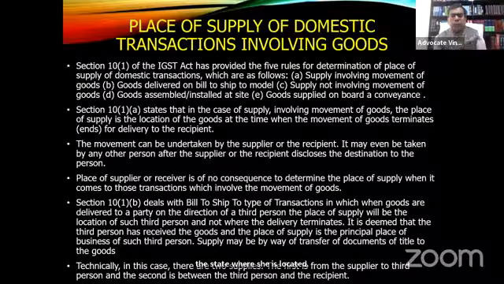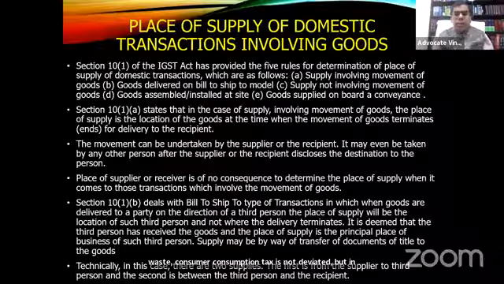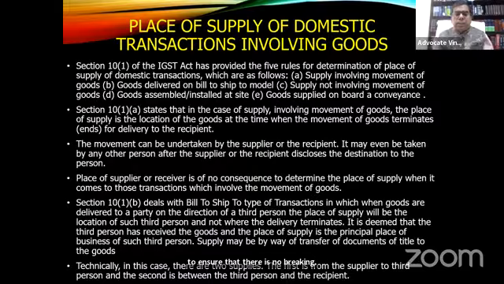So the principle of destination-based consumption tax is not deviated, but in order to ensure that there is no break in the chain of the supply of the transaction, 10(1)(b) has been inserted so that A can raise an invoice on B, treating the principal place of business of B as the place of supply.